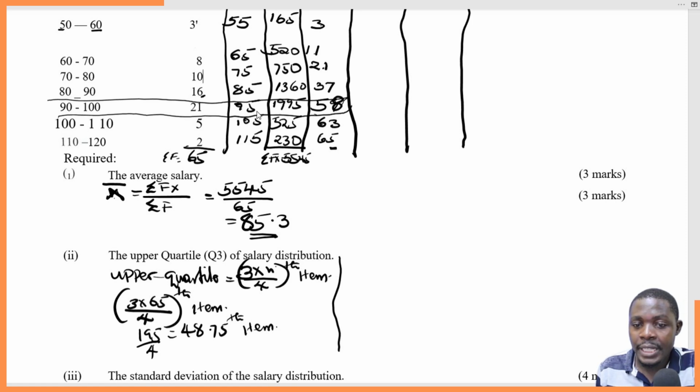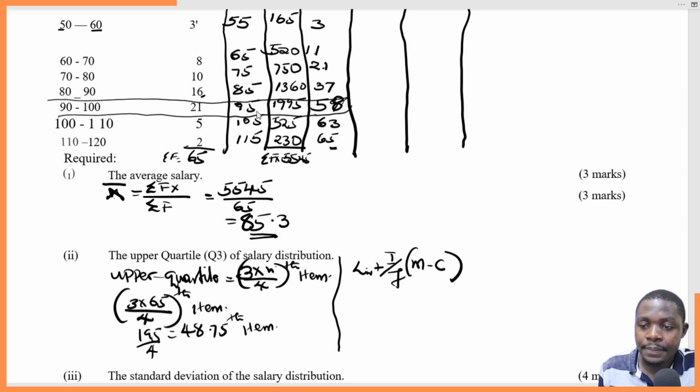Therefore, to get the quartile, we are going to have L, that is the lower class boundary, plus i, the class interval, over frequency, times A minus C. In this case, the lower class boundary is 90 from the column that I have circled.